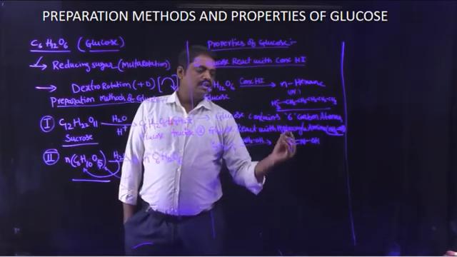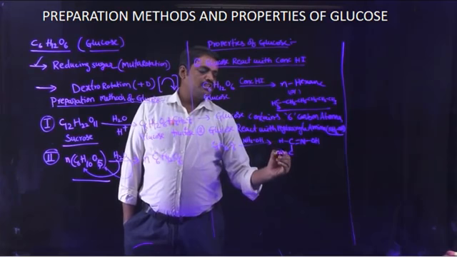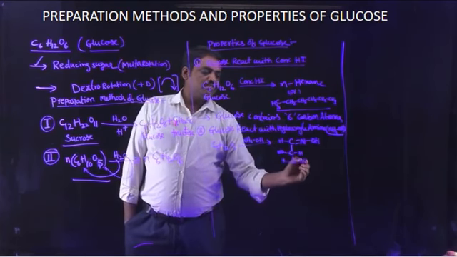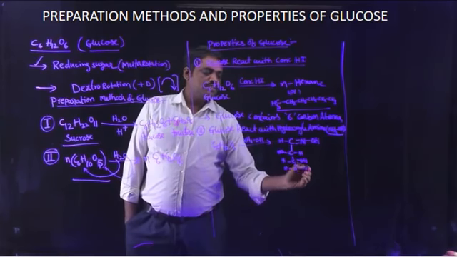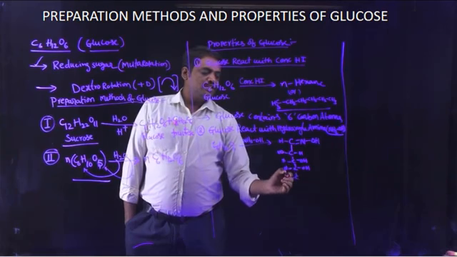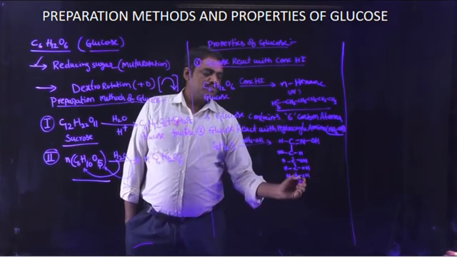The remaining atoms are OH, H, CHOH, CHOH, and the next ones CHOH, CH2OH.